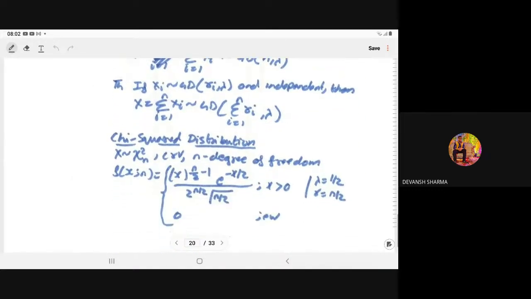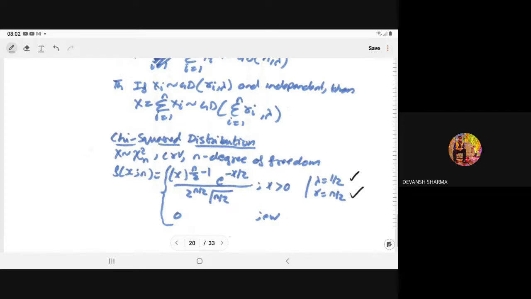Now next is the chi-square distribution. This is another gamma family distribution. In the gamma family, if you put lambda equal to half and r equal to n by 2, the given gamma variate changes into the chi-square variate.